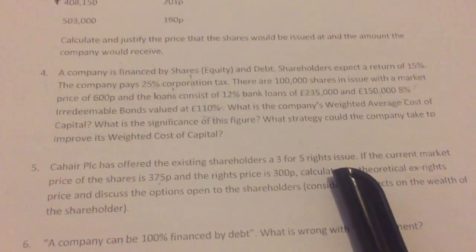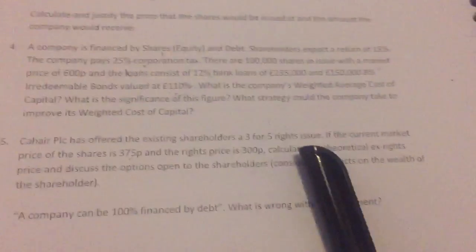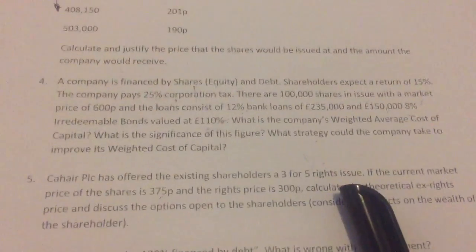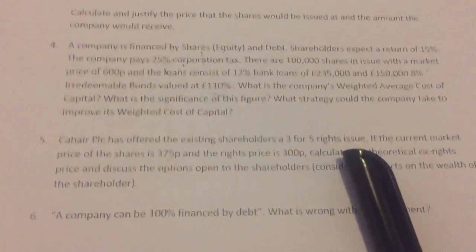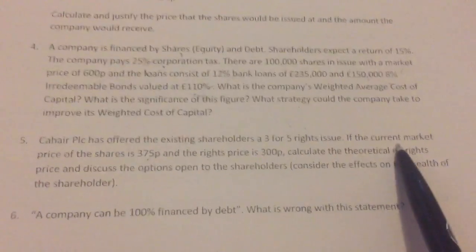It's like: buy 5 now at market price, and we'll give you 3 at a discounted amount, a rights price. So 5 at market price and 3 at the rights price, and that's what the 3-for-5 rights issue is.